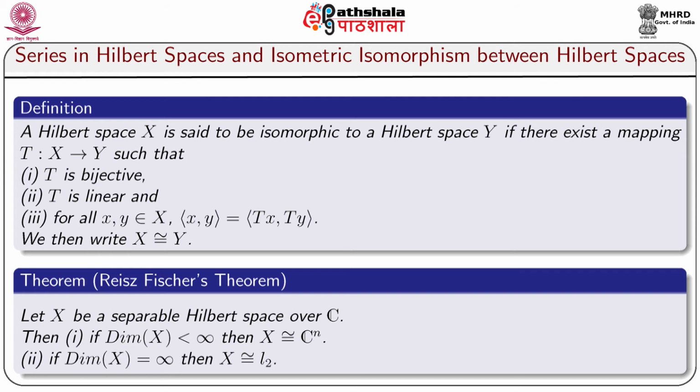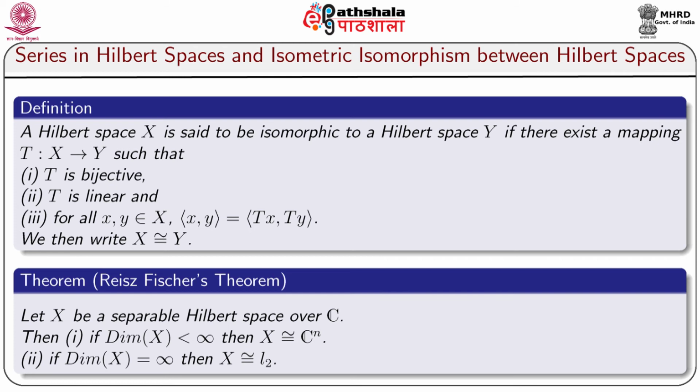We then write X is isomorphic to capital Y. The famous theorem is Riesz-Fischer's theorem. The statement looks like this: let capital X be a separable Hilbert space over C, then if dimension of X is finite, then X is isomorphic to Cn.